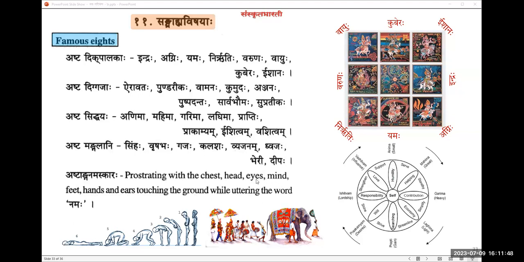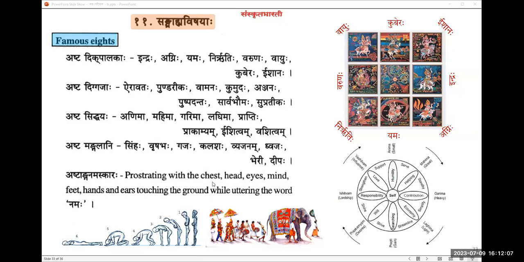Instead of eyes, we should take it as the temple, something like that. Forehead, I think, sir. Temple or forehead, yeah. So mind also comes there. So a little bit controversial list.